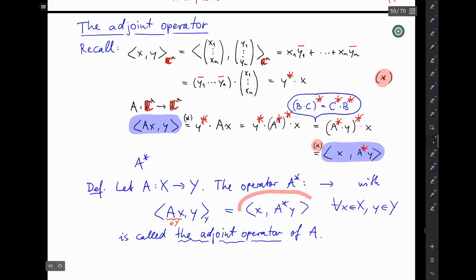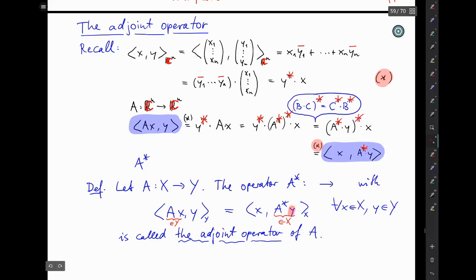Okay, now let's come to the other side. Here, little x, from which we know it's in capital X, meets another vector, so that clearly this second vector here has to be from capital X also, and this scalar product has to be between vectors of X, so it must be the scalar product in X. Okay, now finally, after all these clever thoughts, we can fill the gaps here and here by checking to what is A star applied.